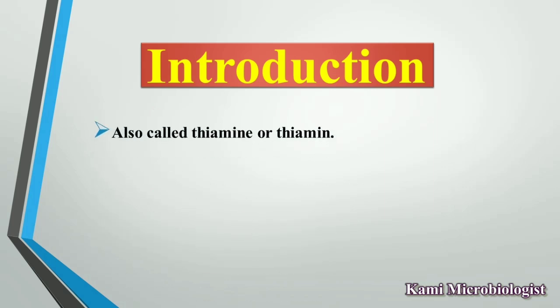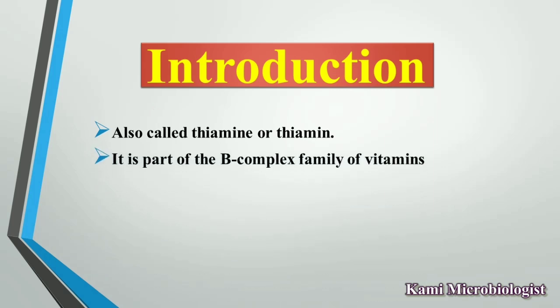Remember, vitamin B1 is also called thiamine. Vitamin B1 is part of the vitamin B complex family of vitamins. Among all the vitamin families, vitamin B is the complex one, and it has more parts.